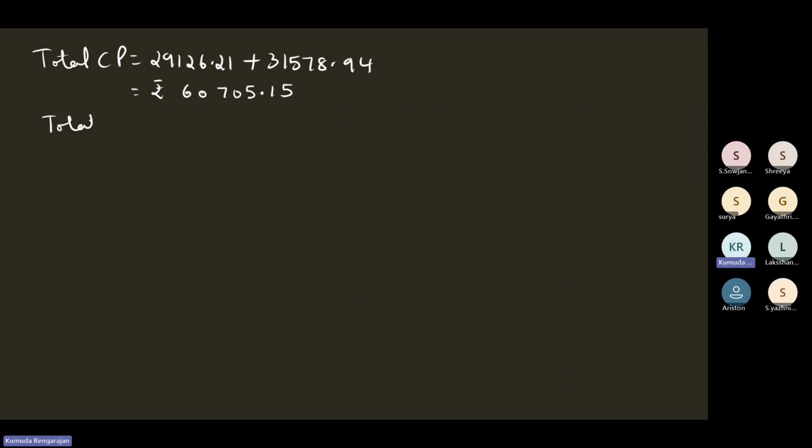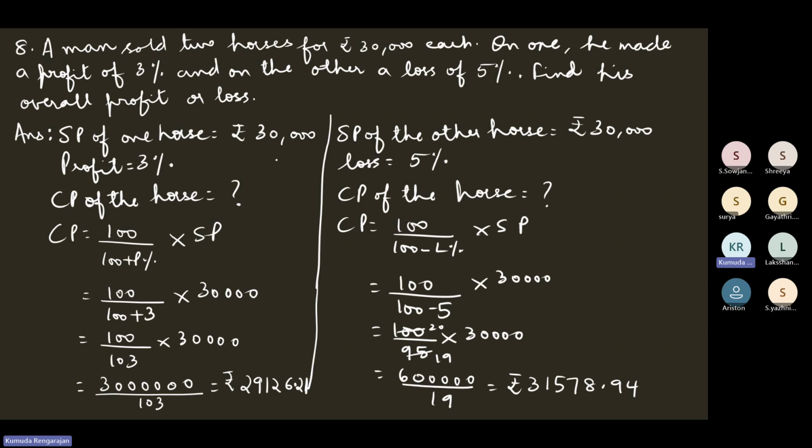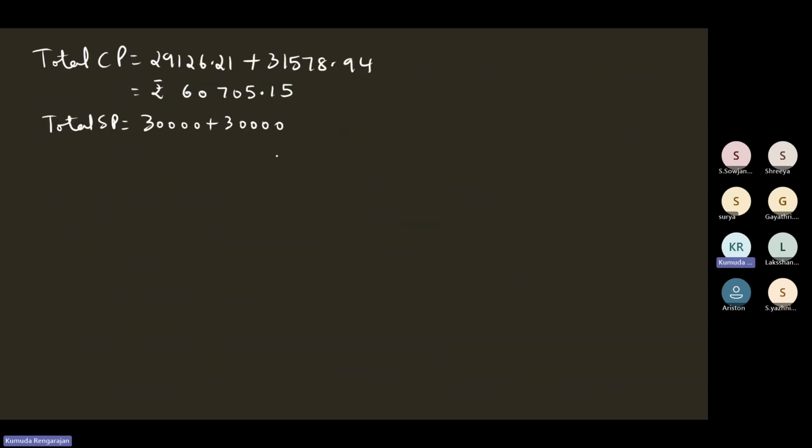Total SP is equal to 30,000 plus 30,000, because he sells each for 30,000. So the total SP is 60,000. You can see the total cost price is 60,705.15. But the selling price is less than that. The total selling price is 60,000.